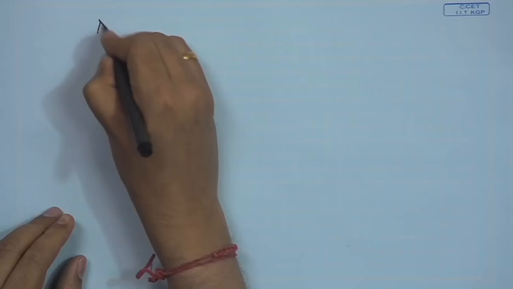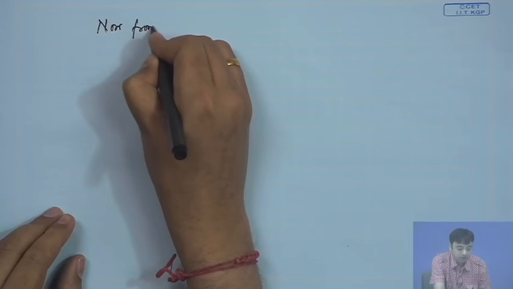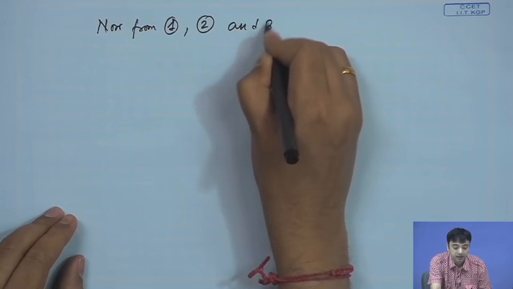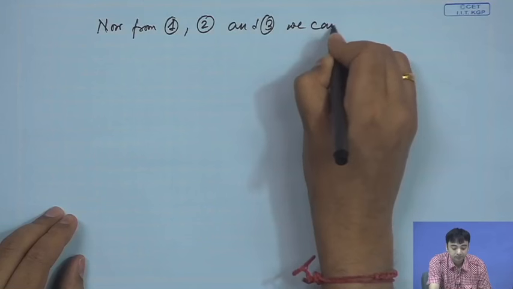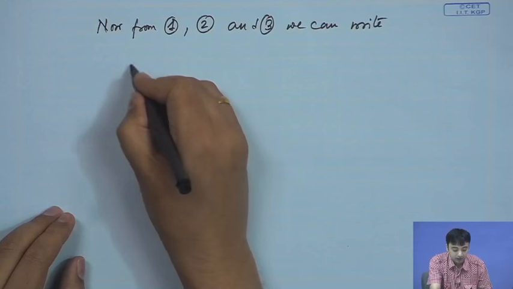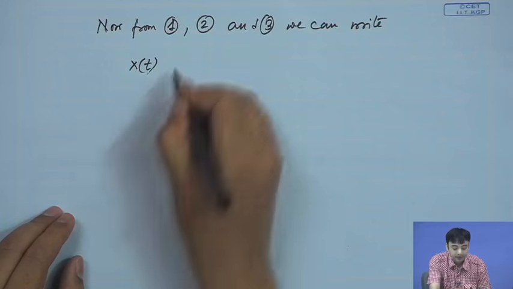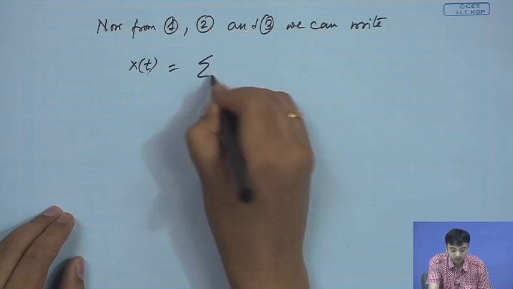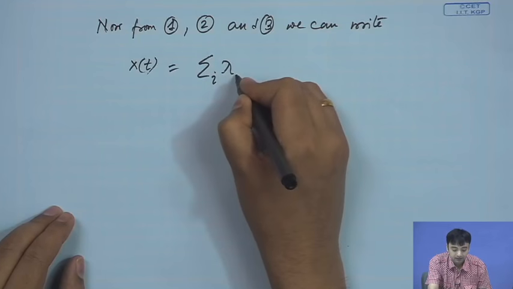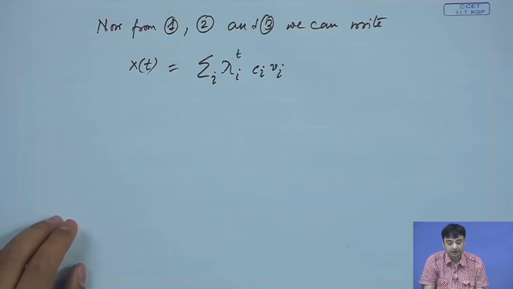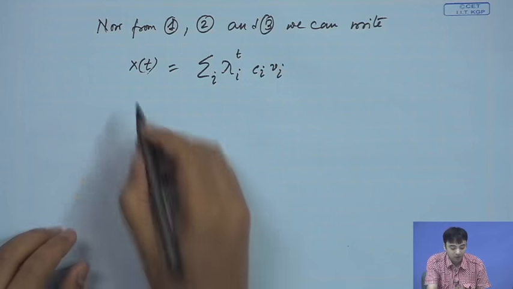So, from 1, 2 and 3, we can write the following expression: x t should be nothing but equal to the sum of lambda i t c i v i. Now, we will do a small trick out here.